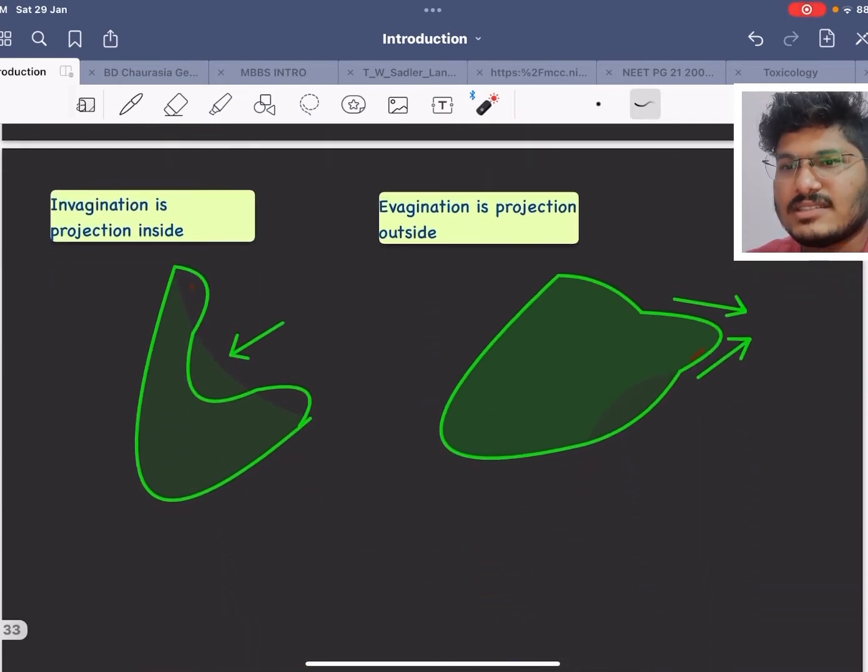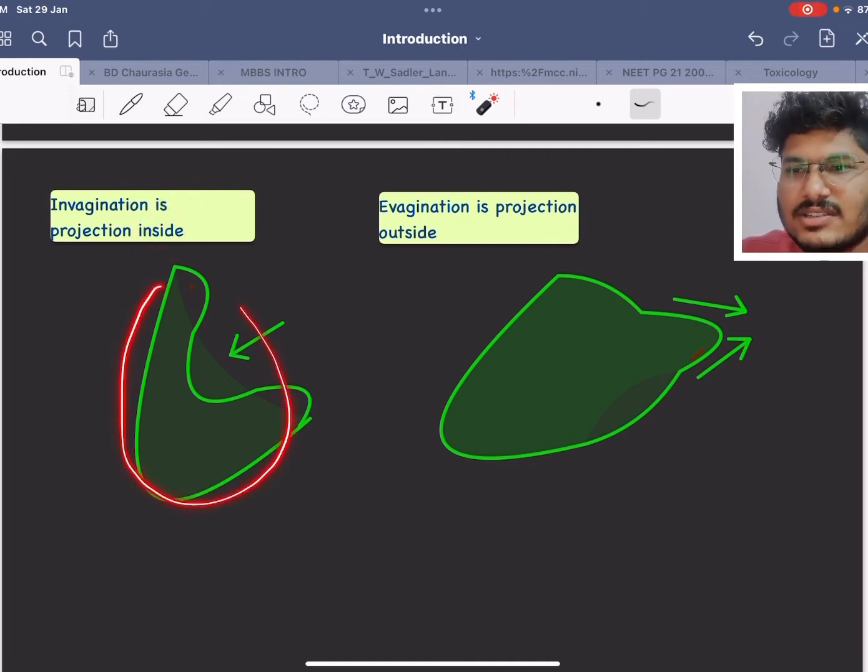The next two terms are invagination and evagination. These terms we usually read in embryology, because there are many placodes, many swellings, many tissue growths that form the complete fetus during the course of development of the embryo. Invagination is a projection inside the structure.